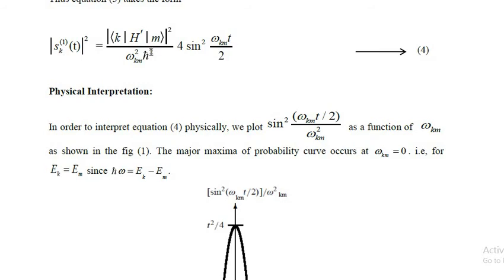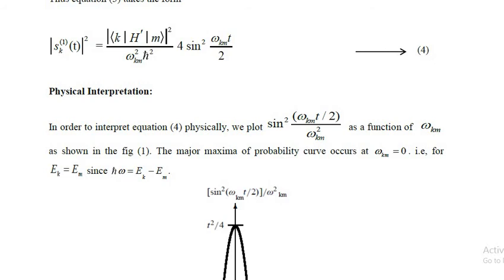Now, the physical interpretation of equation 4. We can interpret this equation physically by plotting sin²(ω_km t/2) divided by ω_km² as a function of ω_km, as shown in figure 1.